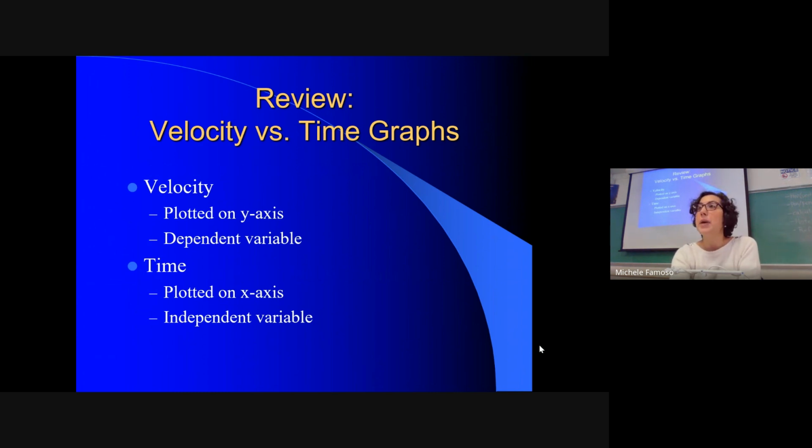It is our independent variable. And we learned previously in this unit that the slope of the line, these are all lines, either horizontal if we have a constant velocity, or diagonal if it's accelerating, that the slope of that line is the object's acceleration.